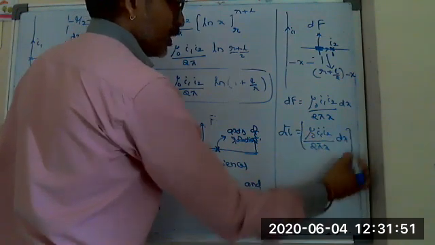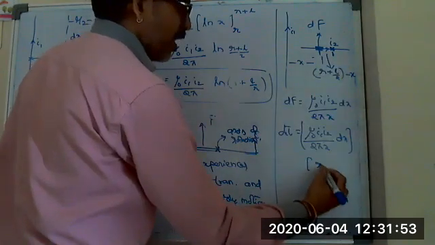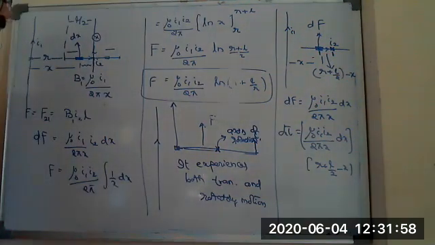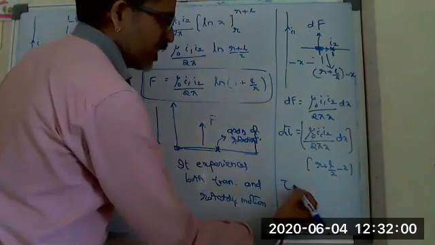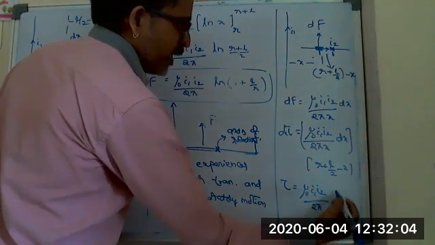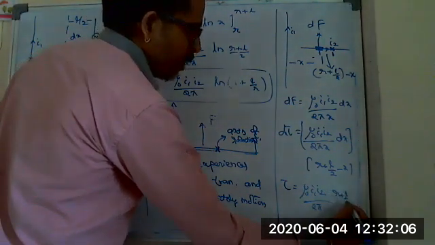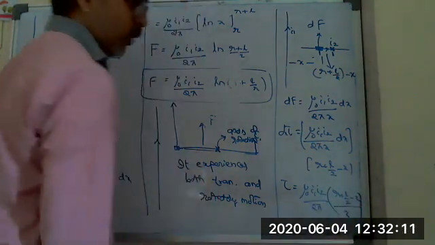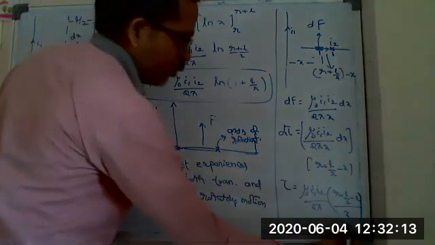This is force, into the perpendicular distance, R plus L by 2 minus x. Later you can do it. The torque is straight away mu naught I1 I2 by 2 pi into R plus L by 2 minus x by x into dx.